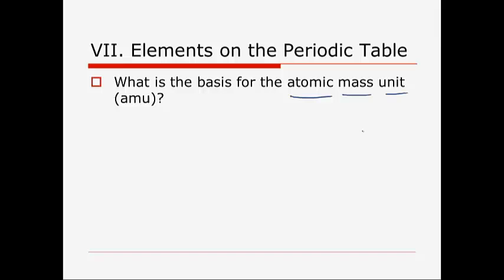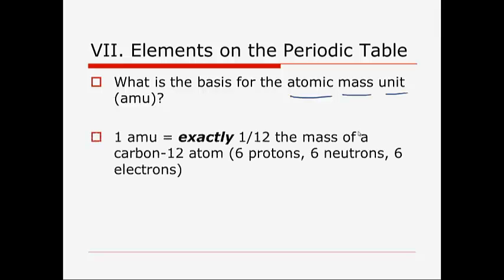So what's the basis for this atomic mass unit? 1 AMU is exactly 1/12 the mass of a carbon-12 atom. Carbon has atomic number 6, mass number 12, so that means you have 6 protons. Neutrons is top number minus bottom, 6.